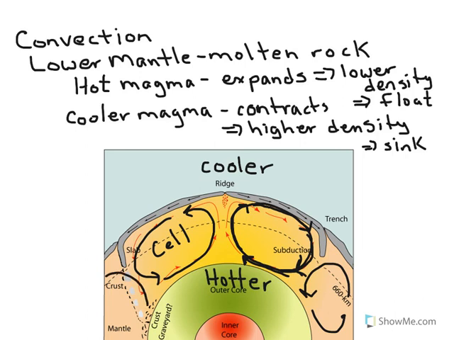And one of the things you'll notice is that when two cells are adjacent, both will be rising in the same place, or both will be sinking in the same place, typically. And that is part of what's going to drive each of the versions of plate tectonics, each of the plate boundaries that we are going to explore.